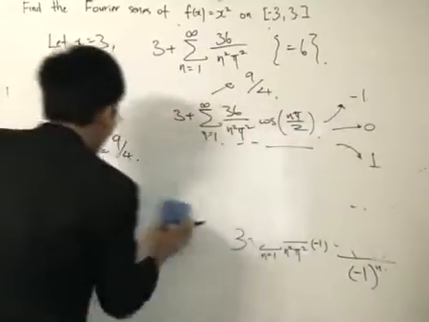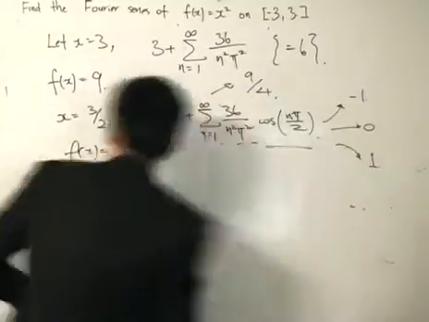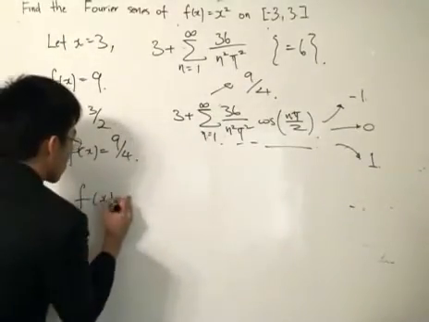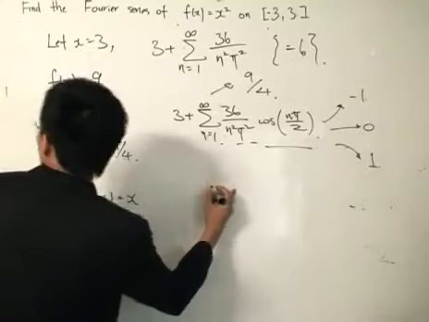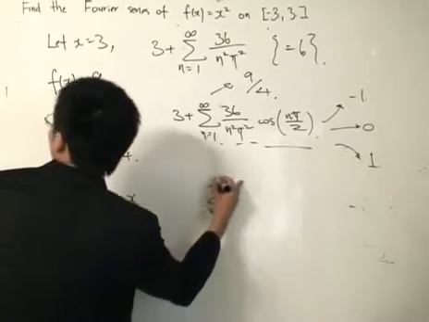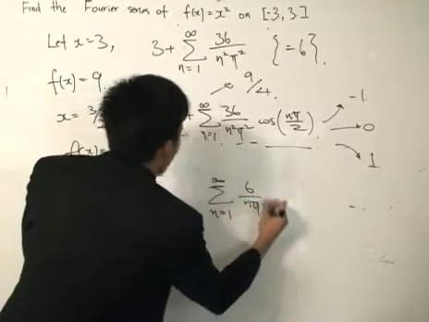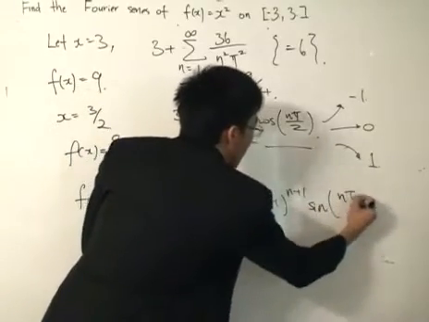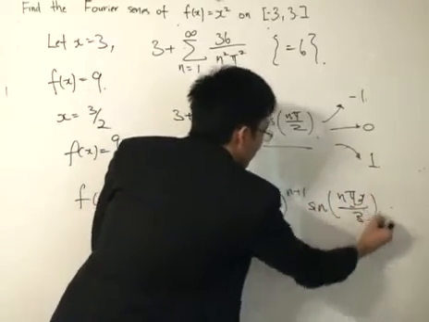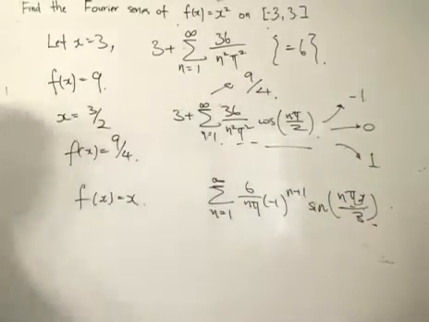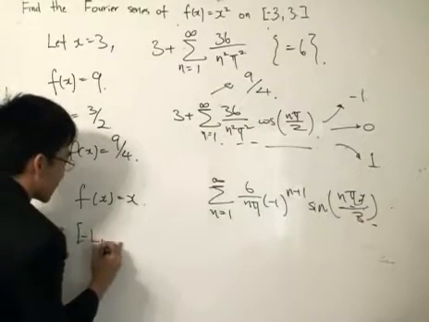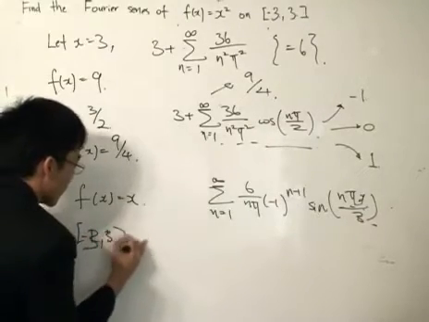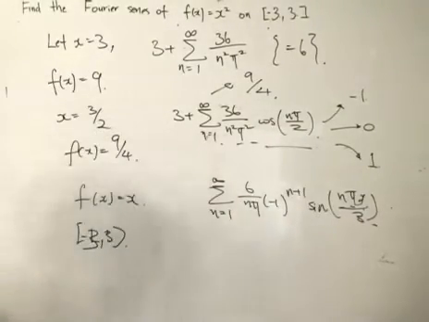Lastly, if I have the function f of x equals x, the Fourier series is going to be, very quickly, the summation n equals 1 to infinity of 6 over n pi times negative 1 to the n plus 1 times sine of n pi x divided by 3, sorry. So this is another function that I have, with x on the interval from negative 3 to 3. Now, let's look at this very carefully.